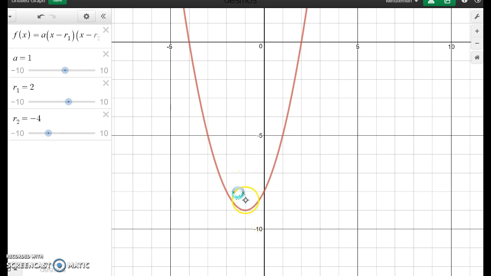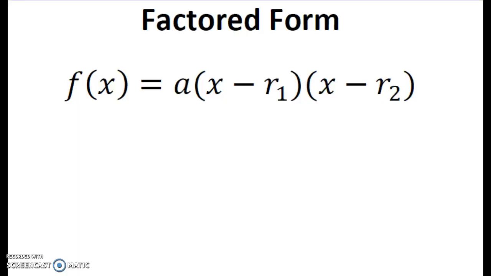So you can at least immediately find the x-coordinate of your vertex by just averaging out your two roots, by finding the halfway point between your two roots. All right, so to summarize, factored form is great if you're looking for roots.